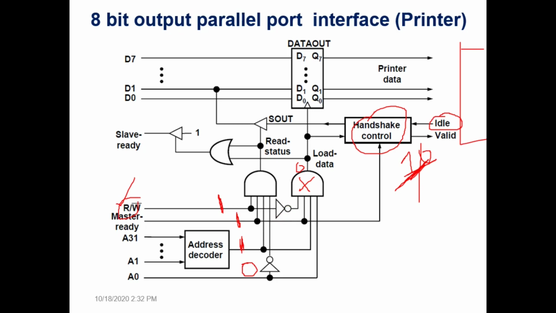Now when A0 is 0, the NOT gate output is 1, and the output of this AND gate here is 1, because all the inputs are 1. Here the processor wants to read the status, so that's why it is given the read signal and A0 is made 0. So 2 signals, double confirmation, that's it.